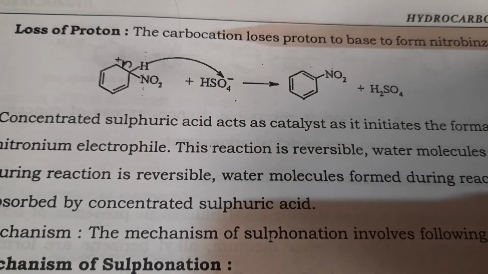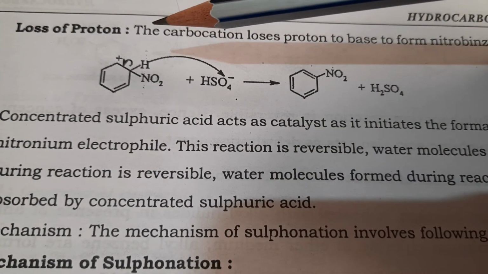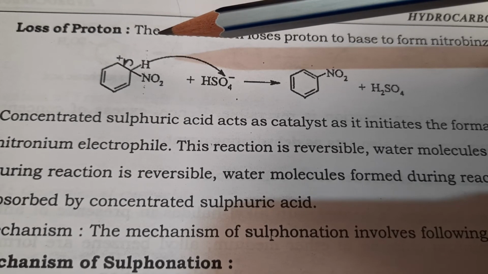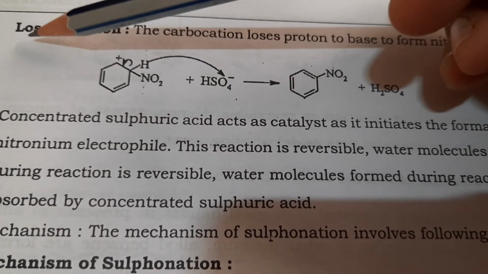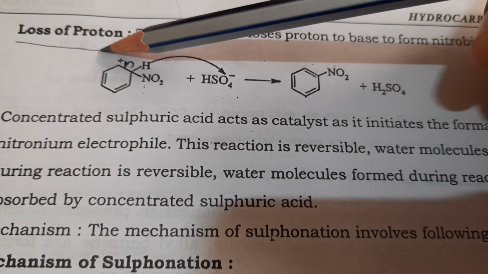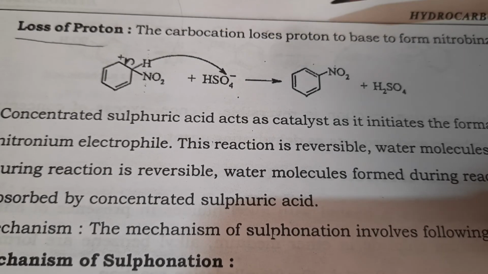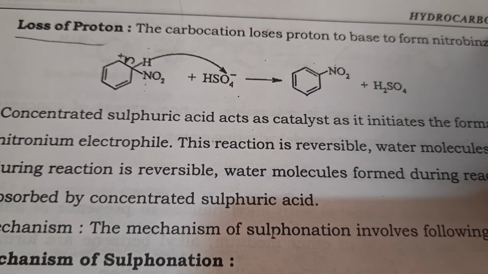Now let us understand the last step for the formation of nitrobenzene in the nitration reaction. The last step is called loss of proton. The carbocation loses one proton to form nitrobenzene.